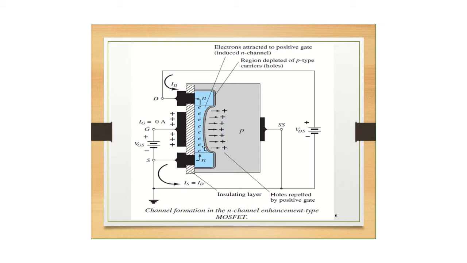I'll repeat if you want. When you increase the VGS voltage, because of the uncovering of negative immobile ions. Uncovering of negative immobile ions means what? The negative electrons are pulled and the holes are pushed away.